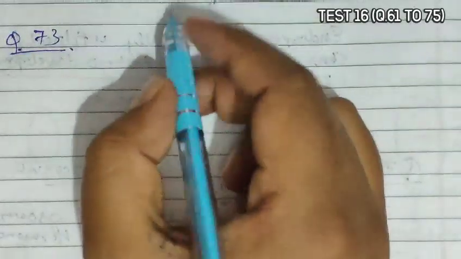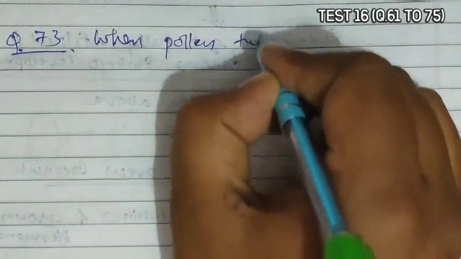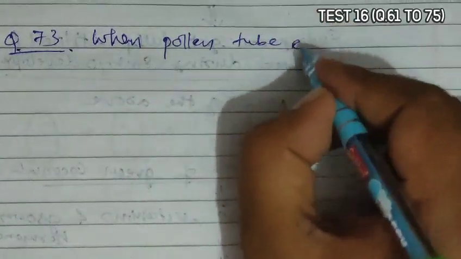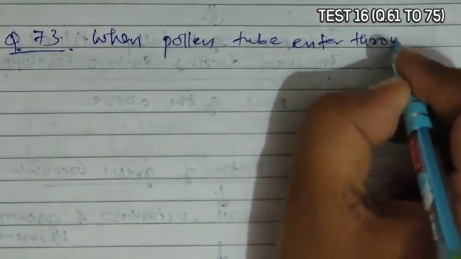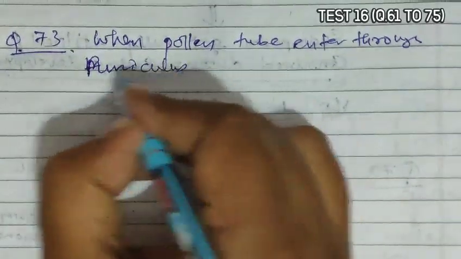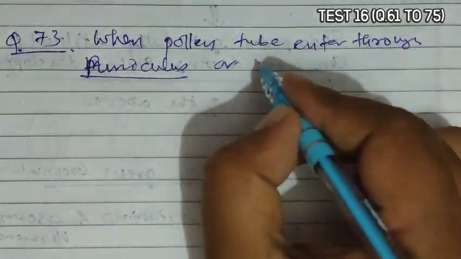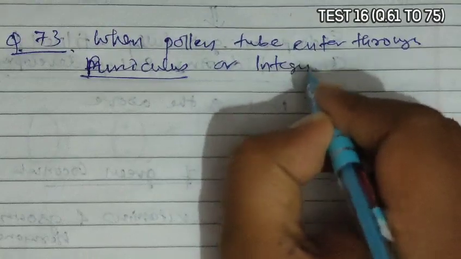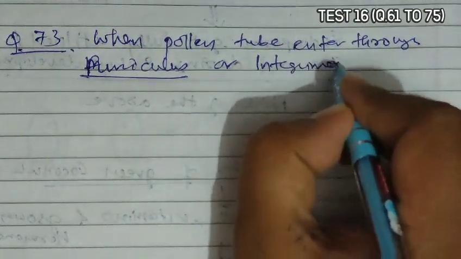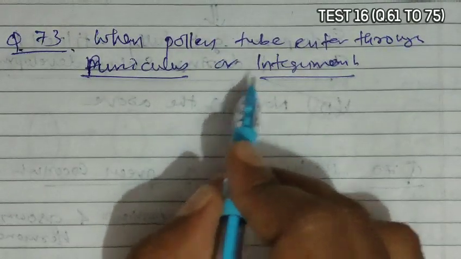Next is question 73. Question 73 asks that when pollen tube enters through funiculus or base of ovule, here it should be integument, because in the question there should be a correction, that they should not write base of ovule, they should write integument.